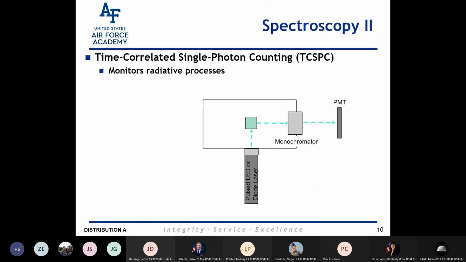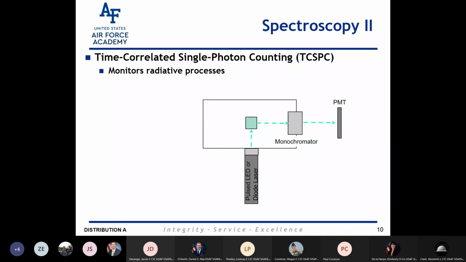But the other method that we've been using primarily in our research is called time-correlated single photon counting spectroscopy, or TCSPC. This one's more restrictive; transient absorption monitored both radiative and non-radiative processes, and this one hones in on the radiative processes. So we're using a pulsed laser to hit our sample at 90 degrees, and that causes those photons to excite the DNA molecules themselves.